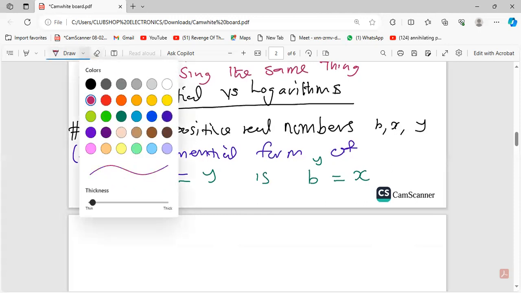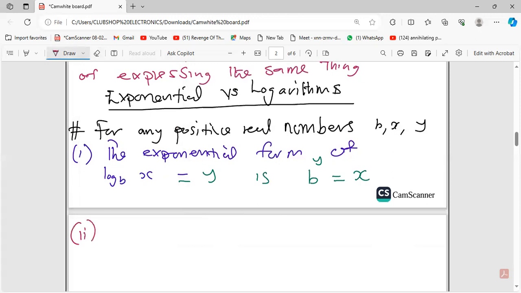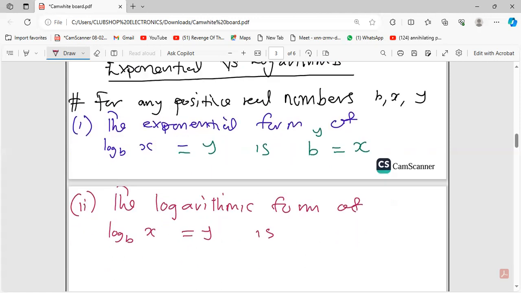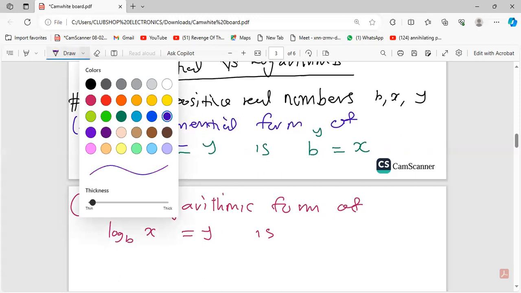Number two, the log form of an exponential form. The log form of log b of x equal to y is, start with your base.